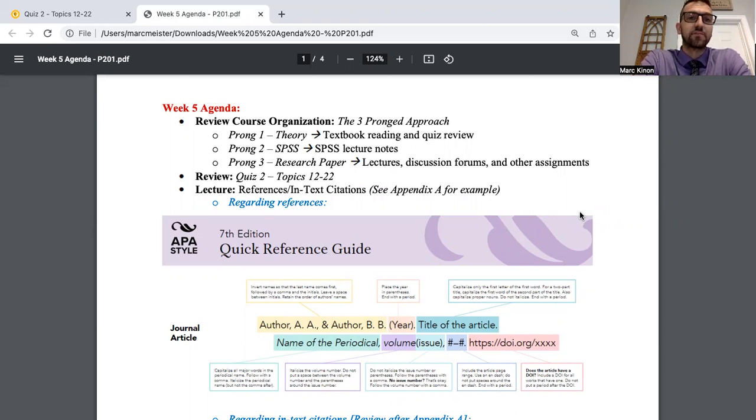Okay. Prong 2, the SPSS lecture notes. Once again, you don't need SPSS. You're just watching my lecture videos from my data analysis class, and you're recognizing the output and writing interpretations, because when it comes to the results section of your research paper, I'm literally going to run all of your analyses in SPSS and send you the output.